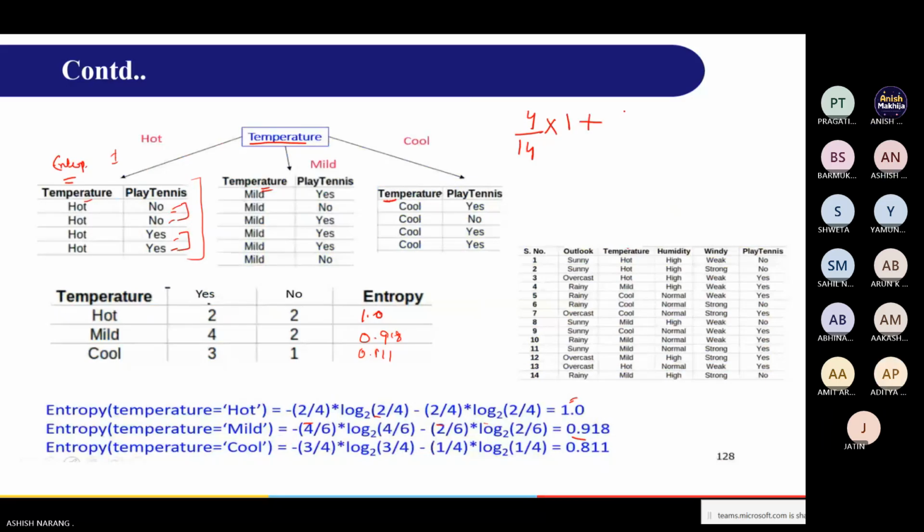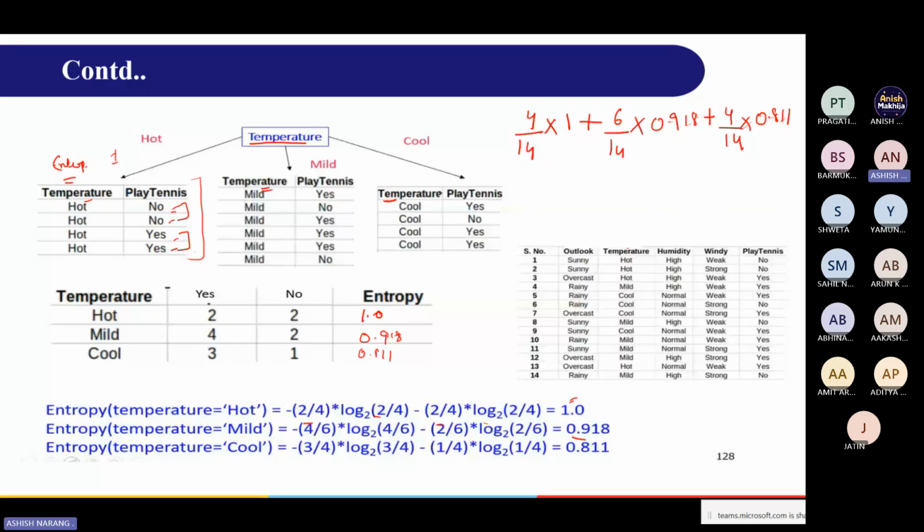Next, 6 divided by 14, multiply by 0.918. Good. Last one, plus 4 by 14, multiply by 0.811. Right.